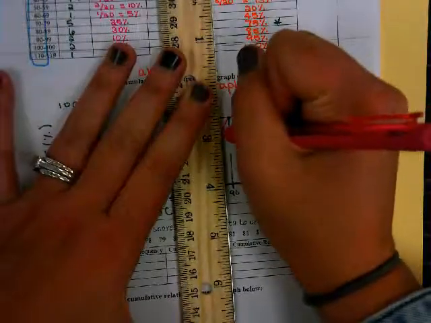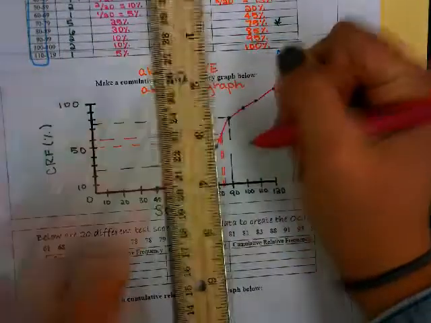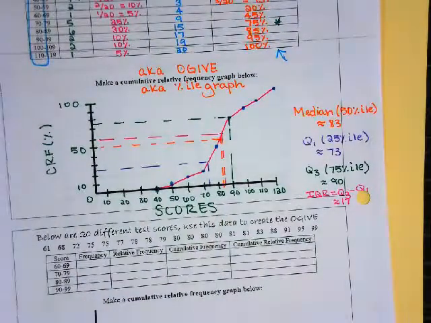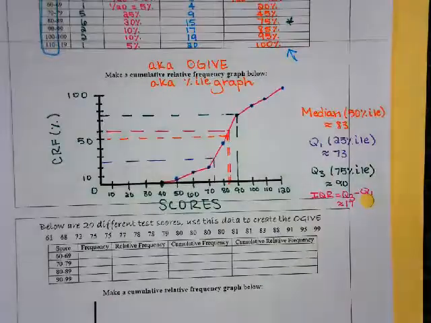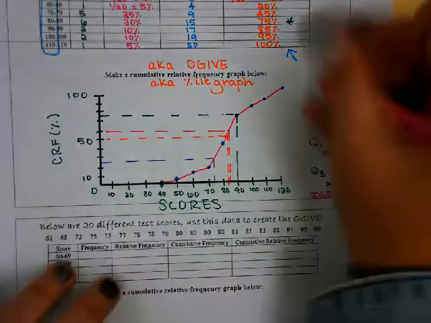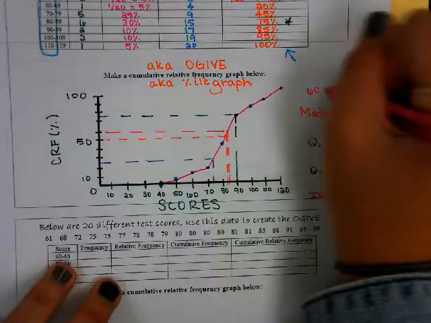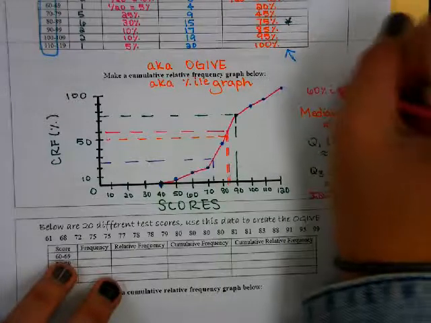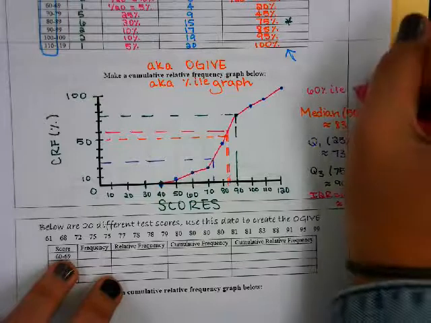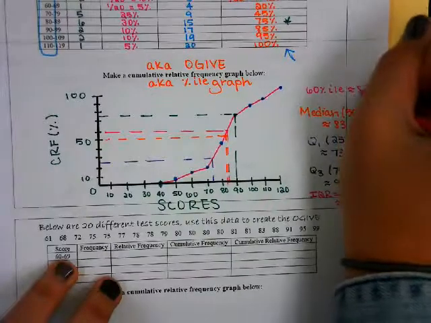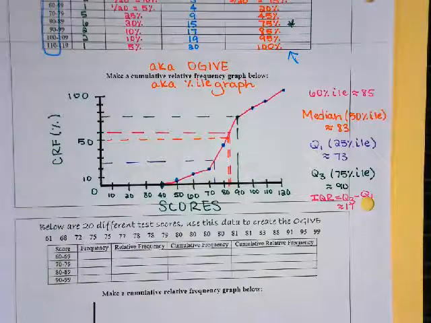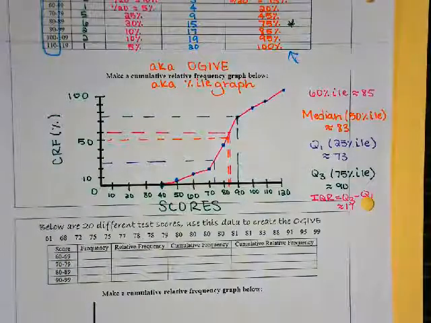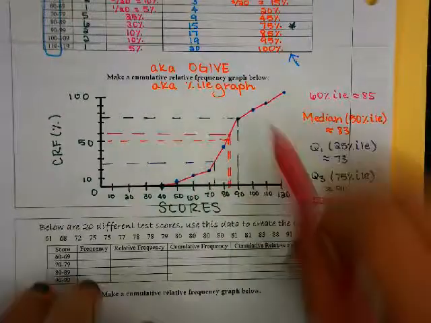Looks like the 60th percentile is about 85, which makes sense because my median, the 50th percentile, is around 83. There's some other cool things about ogives. Like the fact that we connect the dots rigidly. The line that has the steepest slope would correspond to the tallest bar in your histogram.